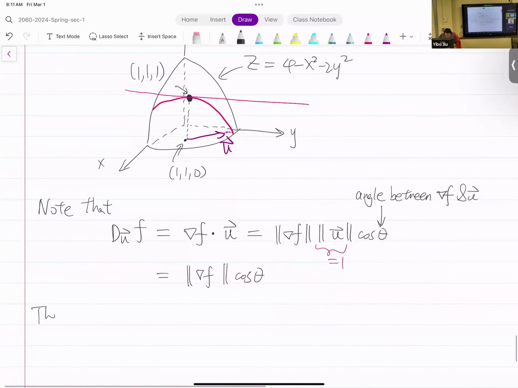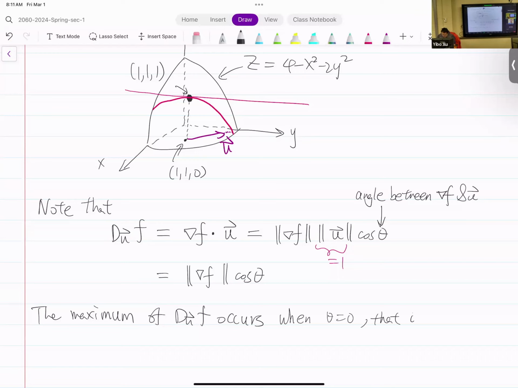So that tells you the maximum of the directional derivative occurs when theta is zero, that is, when the gradient nabla f and the unit vector have the same direction.